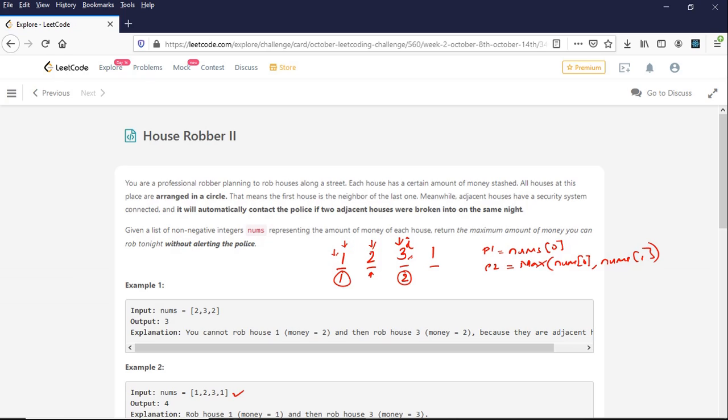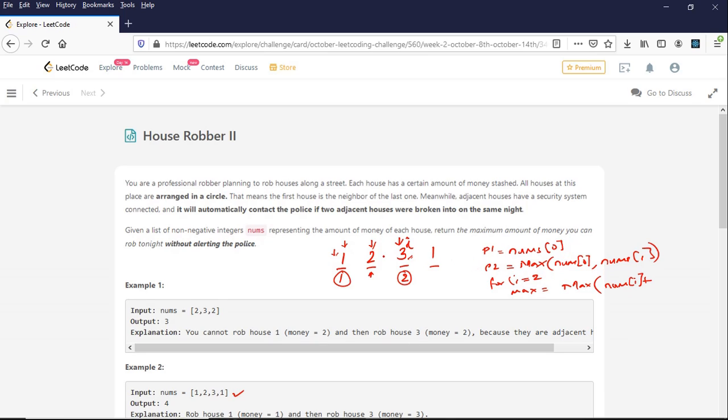So let's say I am in a for loop, so I can say my max equal to the max of, if I am considering the current, nums of I plus my previous. Let's say I starts from 2, index 2.